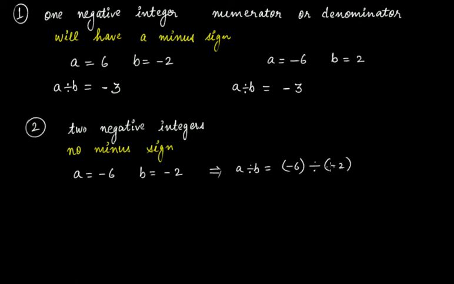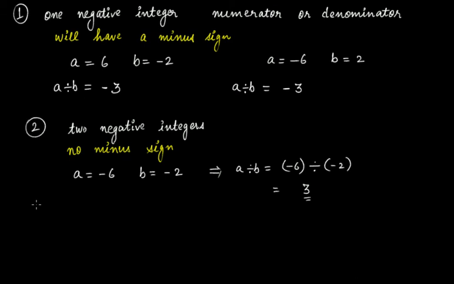Just treat them as whole numbers, so 6 divided by 2 will be 3, and since there are two negative integers, both in the numerator and the denominator, there will be no minus sign here, and the answer will be just 3. Since this division has two negative integers, there will be no minus sign.